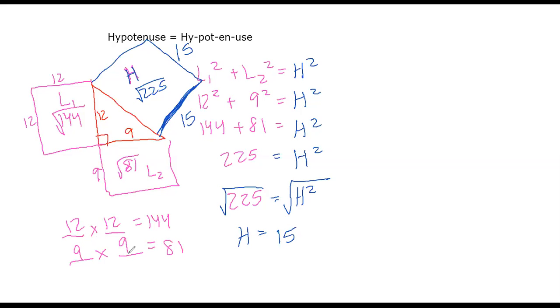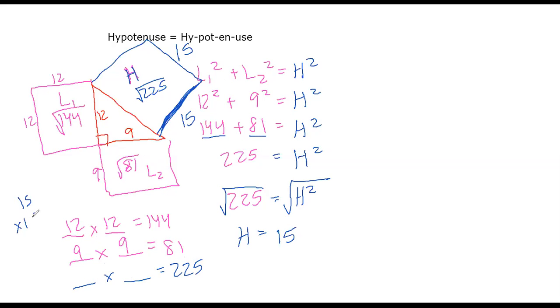That's 9. Now we know that these two squares, the 144 and the 81, when you add them up, they equal 225, right? 144 plus the 81 is 225. So we need to think of two numbers that multiply each other to equal 225.